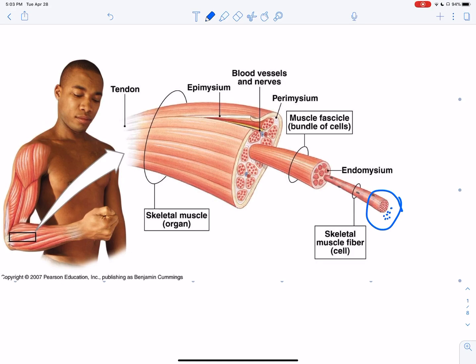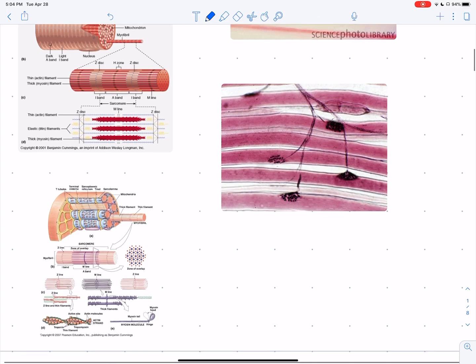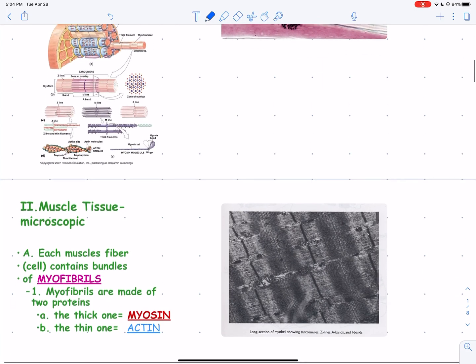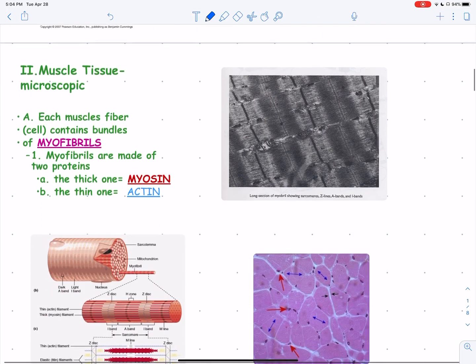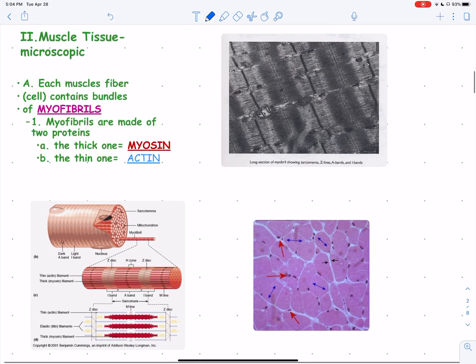Okay, so the myofibrils, as they're called, make up the skeletal muscle fiber. So we're going to talk about the myofibrils next. I'm going to save that for my next video, and I will explain the microscopic chemicals that cause muscle contraction.